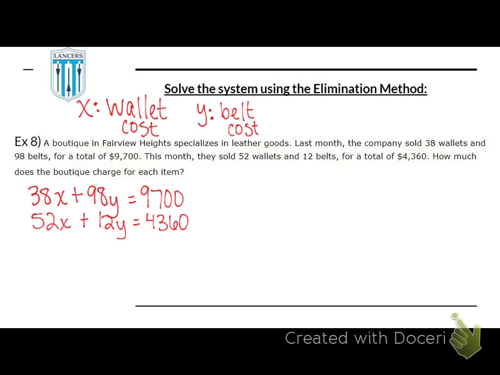Okay, questions about how we got that set up? Nothing? Okay. Now, I'm not entirely sure why this got put in today's notes, because right now, are we set up to eliminate anything? No. So we can't just start adding these equations together if we're not set up to eliminate.